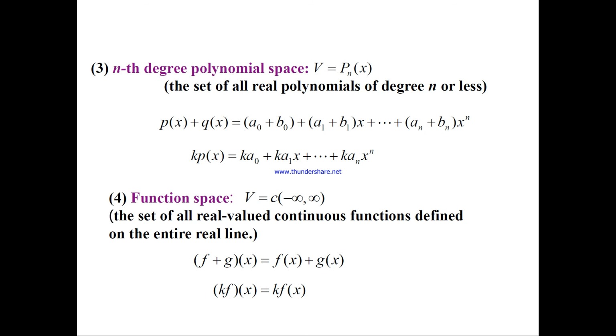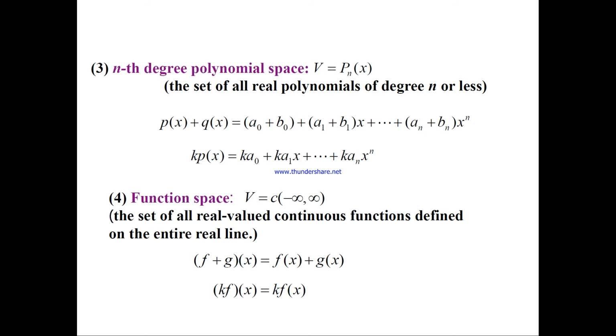So these four examples should make clear how we can consider a vector space. With this video, I hope you are clear with the definition of vector space, its properties, and how vectors are considered a vector space, with the two axioms, vector addition and scalar multiplication.